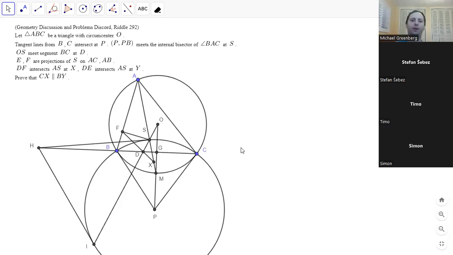Yeah, I see what you're saying. That follows from a spiral similarity.